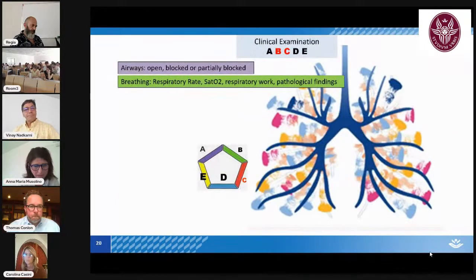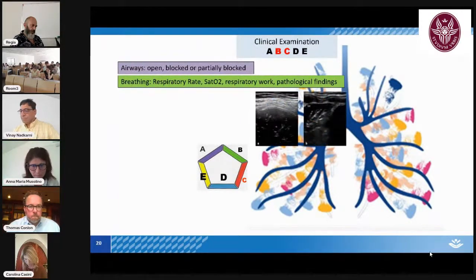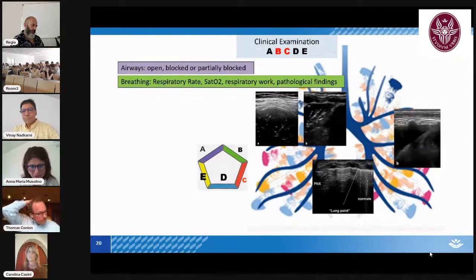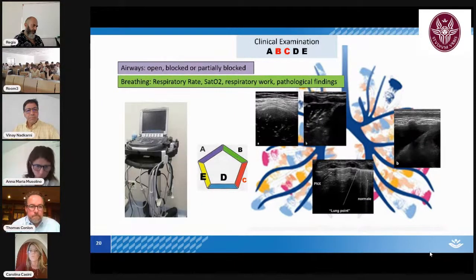And in particular, when we are assessing B, we have some questions and some answers. Is there a large pneumonia? Is there pneumothorax? Is there a large pleural effusion? And we have only a few minutes to answer yes or no.